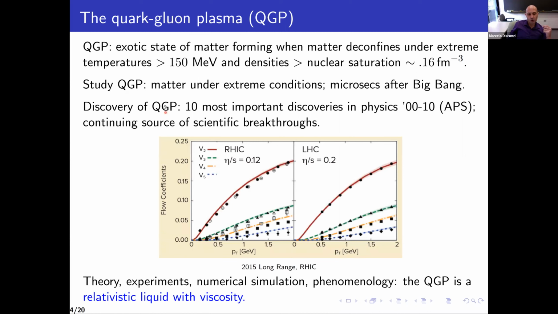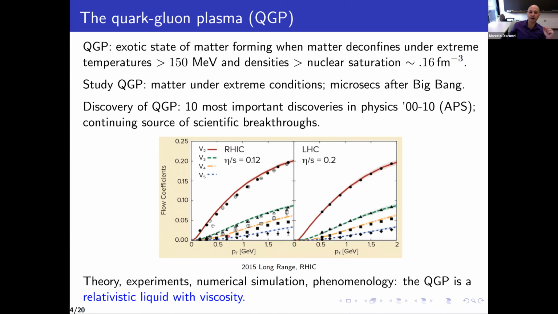And through a combination of theory, experiments, simulations, and phenomenology, a coherent picture emerged, showing that the quark-gluon plasma behaves like a relativistic liquid with viscosity. Okay, so here are some plots. What I'm plotting is not very important right now.